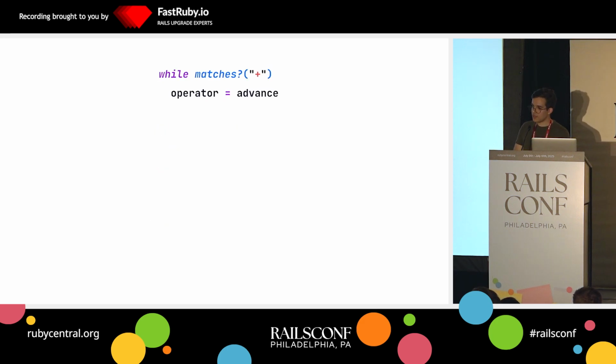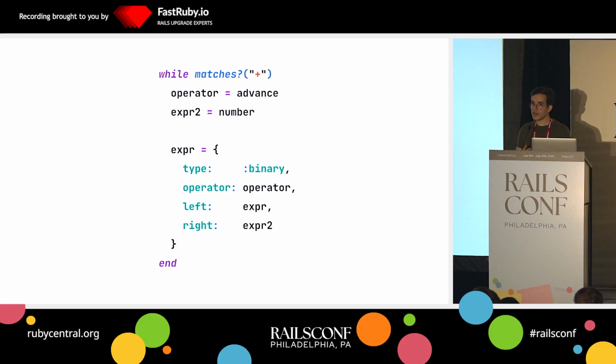So we advance again, and that will return the operator, which is the plus sign in this case. And then we try to parse a second number. And now, instead of returning a single number node, we return a node of the type binary. And the binary node has the operator, which is the plus sign, and on the left side, the first number, and on the right side, the second number.